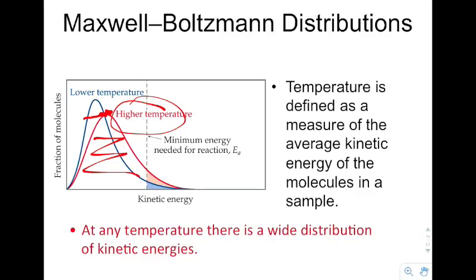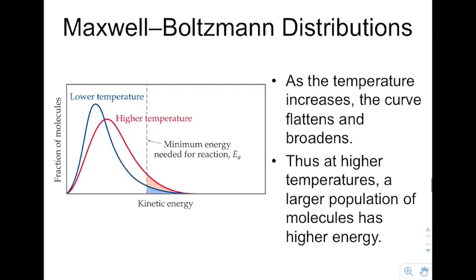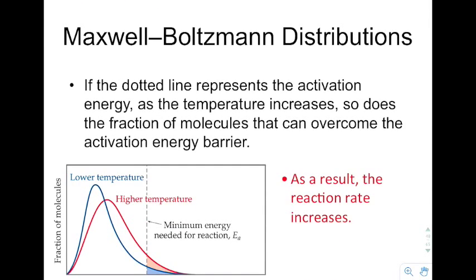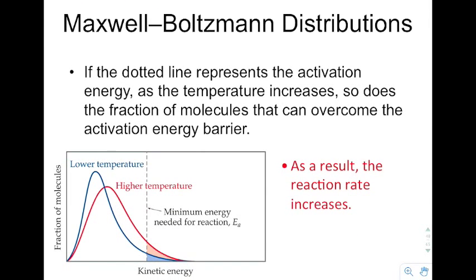Now, as you increase the temperature, you increase the fraction of molecules that have enough energy in order to overcome that energy barrier. So you see the curve flattens and broadens, so the higher the temperature, the more likely it is to react. Okay. Now the dotted line here represents the activation energy, so you see that, like we said, the reaction rate increases.